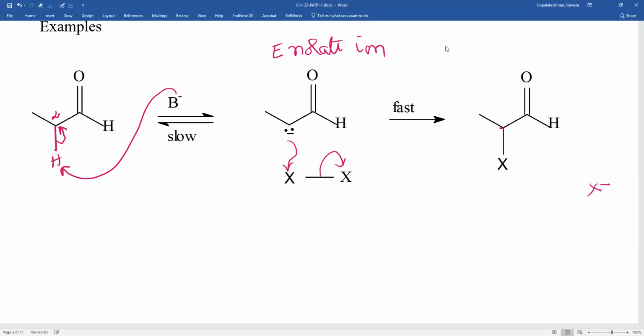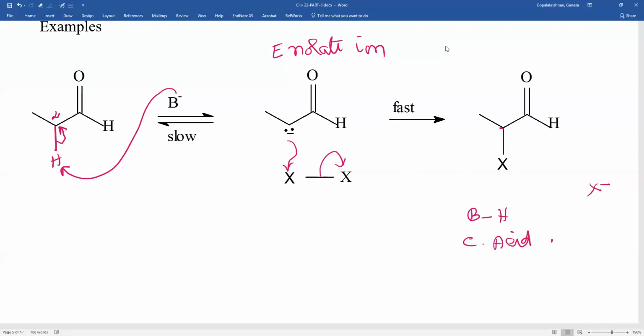What happened to the base? Base becomes a conjugate acid. So the base is not a base anymore. This cannot be used again in the first step. So it is not a catalyst. It is a reagent.